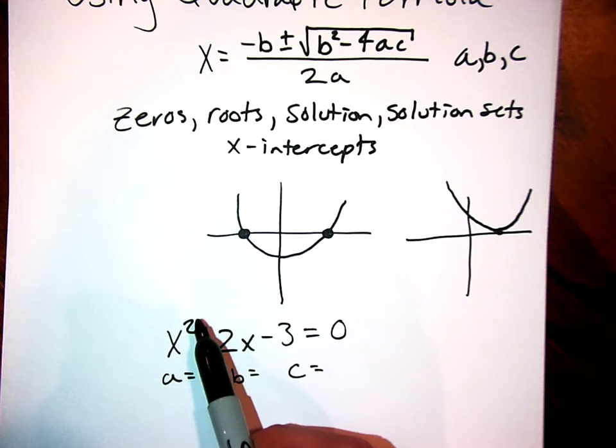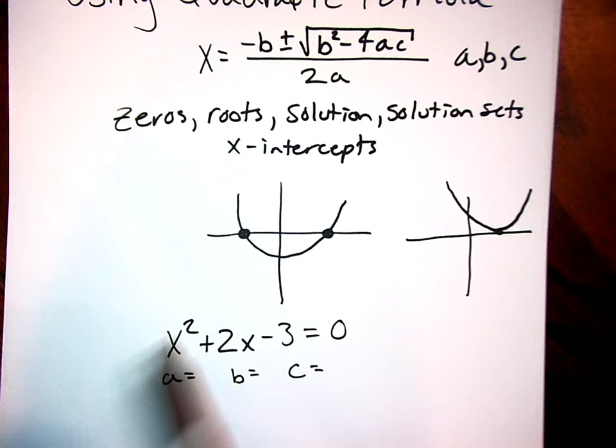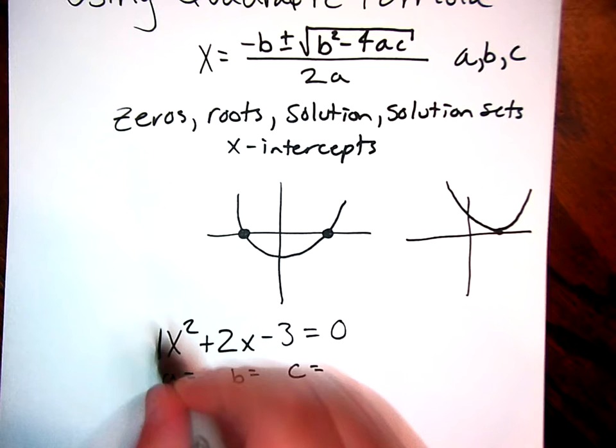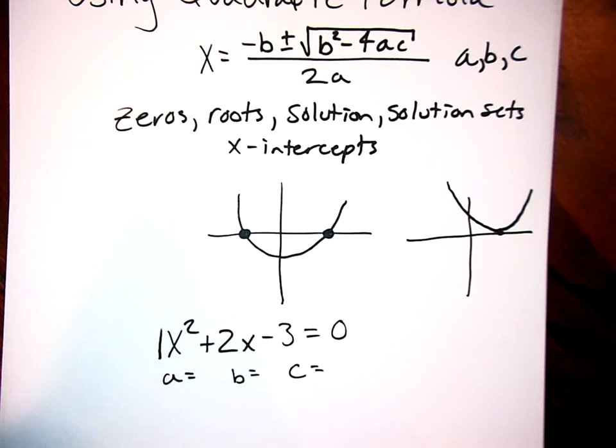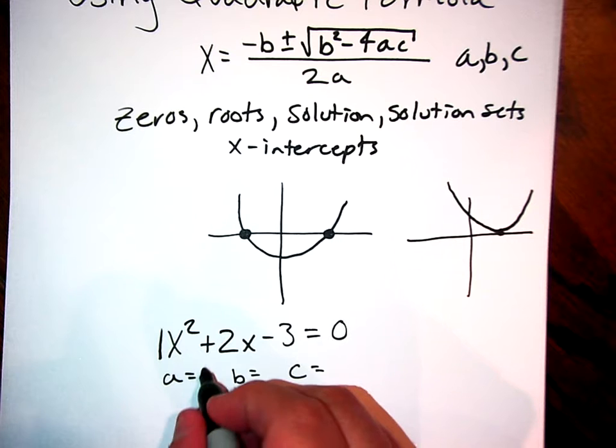And since we just have x squared, there's not a number there, we can put on our math glasses and see this invisible 1 right there in front of that x squared. And so that's going to tell us that our A value is going to be 1.